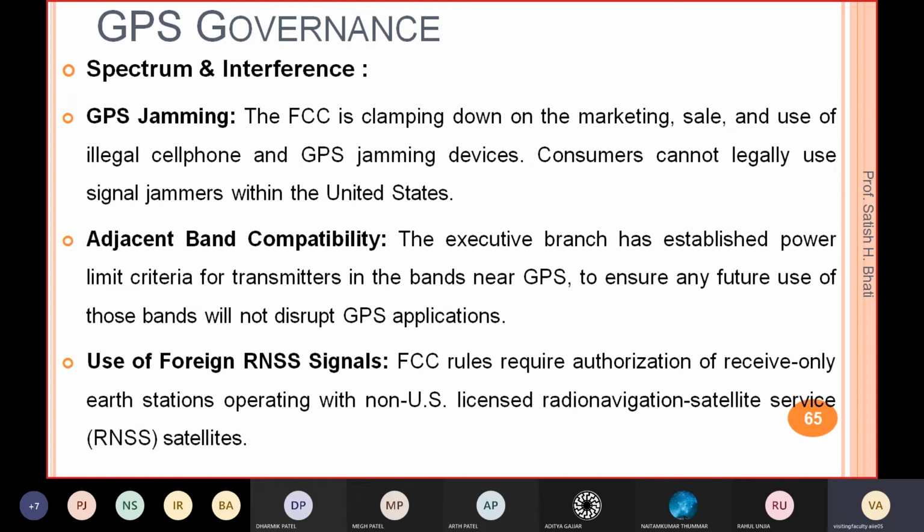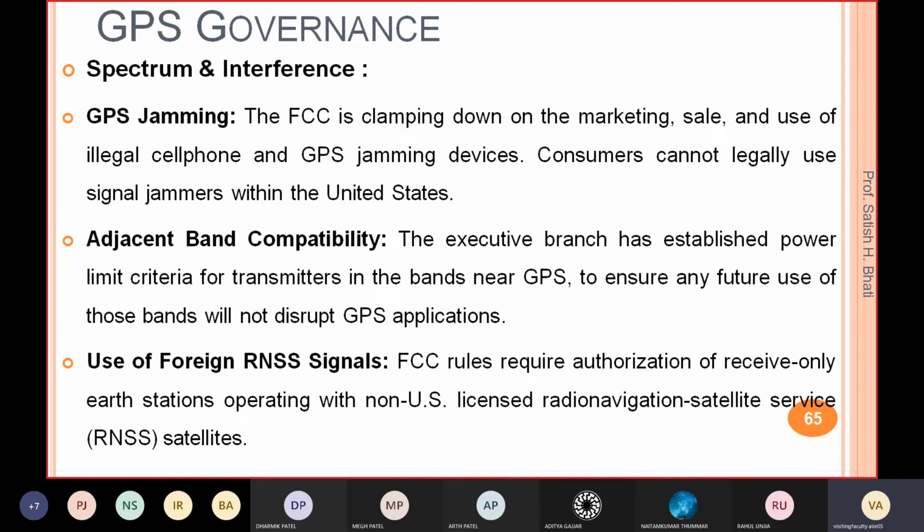Then the adjacent band compatibility. The executive branch has established power limit criteria for transmitters in the bands near GPS, right? This will ensure any future use of those bands will not disturb the GPS application, right? So they have divided the spectrum.